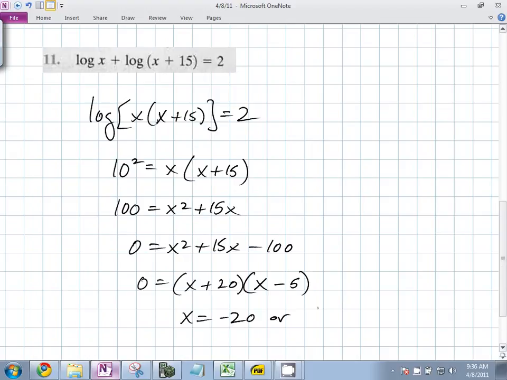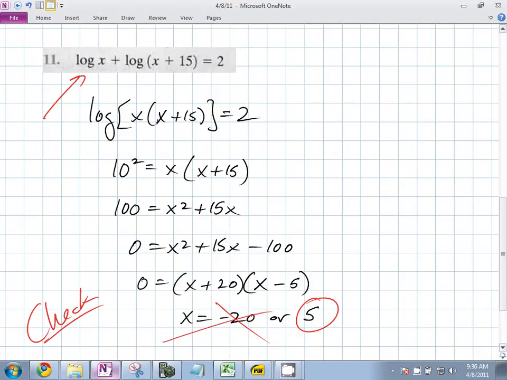Are you done? You're not, because you have to still do what? Check your answers. One of those you cannot use. Which one? Can't use negative 20, so what's the only answer? 5. Can't plug in negative 20 to log x. It's not defined. Can you plug in 5? Yep.